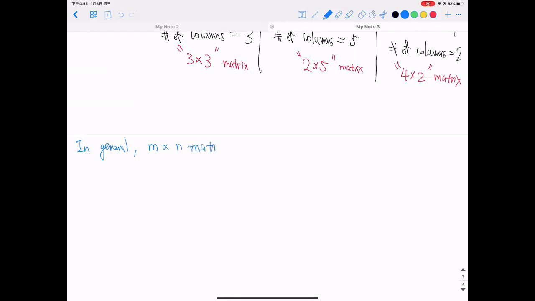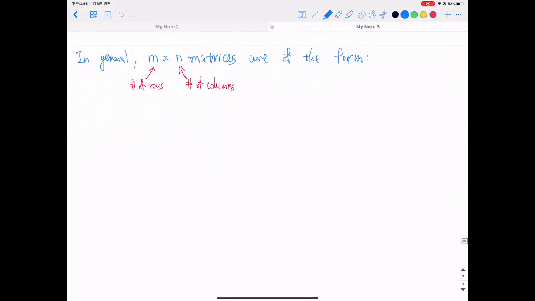M by n matrices are of the form, again, just like you see in these previous examples, this first number here indicates the number of rows. The second number here is the number of columns. Okay, so an m by n matrix is therefore of the following form.